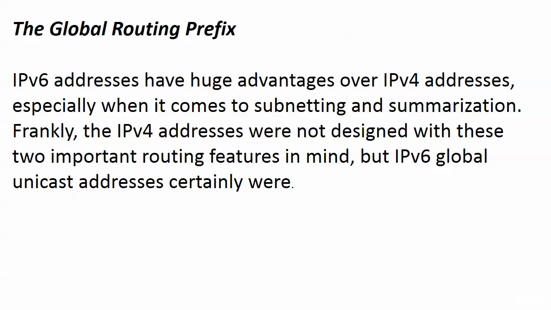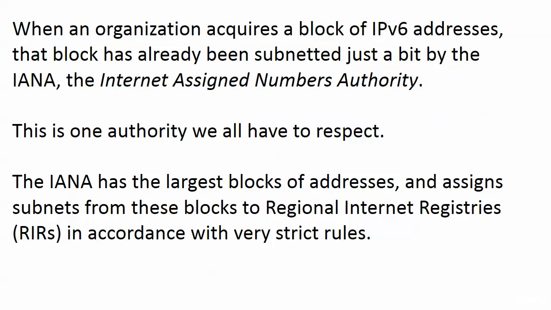We'll do summarization later. But it's a little clunky, especially once you start working with version 6. You won't even know there's a problem with version 4 until you work with version 6 subnetting and you go, oh, that was easier. Because frankly, version 6 was created with especially summarization, but with subnetting and summarization in mind. And that's where our global unicast addresses begin to come in.